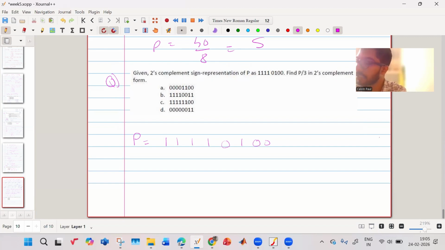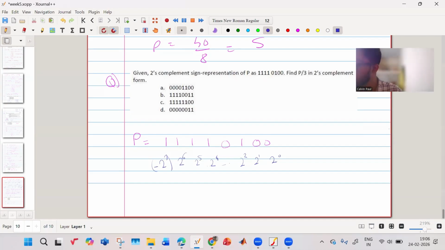You see, this is 2 to power 0, 2 to power 1. Use a different color to simplify. This actually is 2 to power 0, 2 to power 1, 2 to power 2, dot, dot, dot, 2 to power 6, and this is 2 to power 7 and minus 2 to power 7. This is 2 to power 4, and this is 2 to power 5.